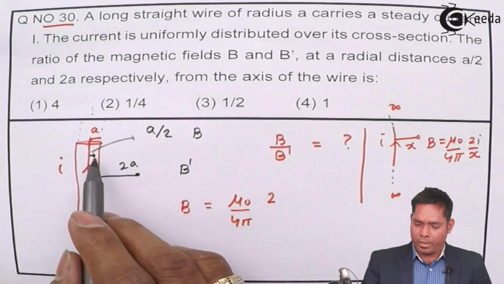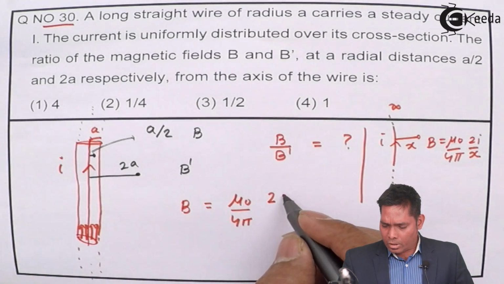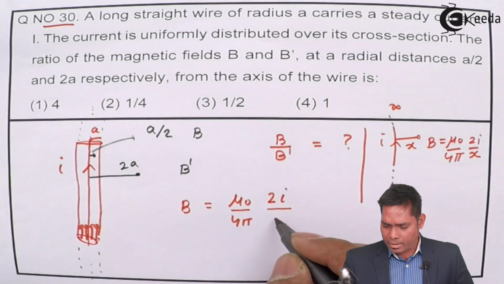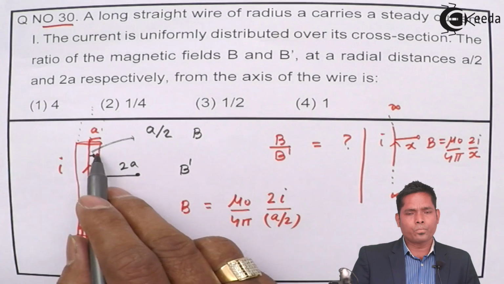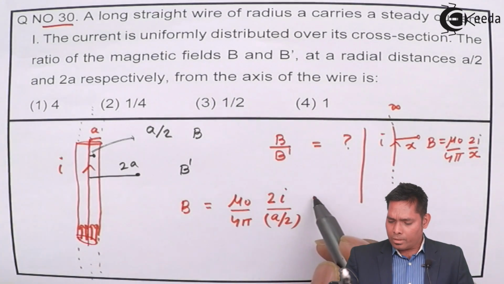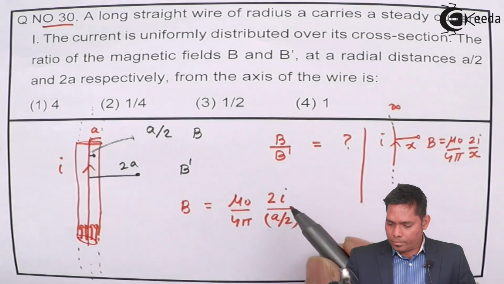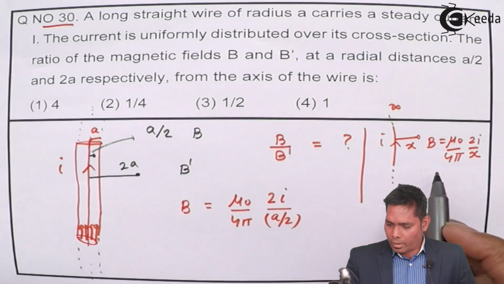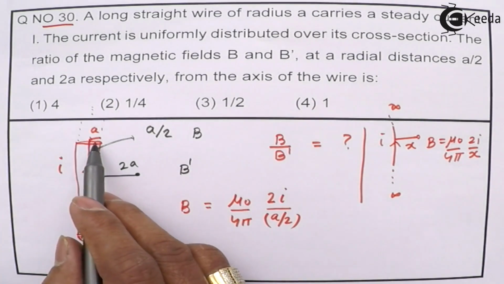This point is lying inside the conductor, and A is the radius.